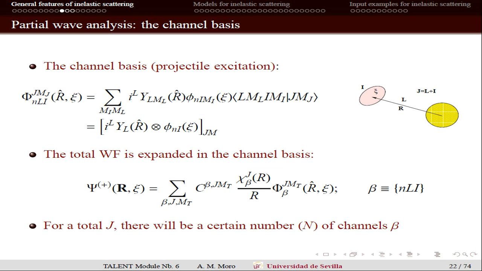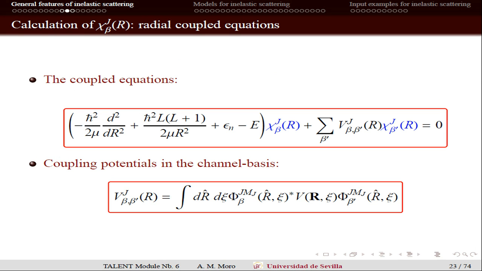So now we put this form into the Schrödinger equation to get the solution of this chi as this radial function. And again, here there are some steps that it is good that you do by yourself. You should verify this equation that is very similar to the equation that we had before, but now it's an equation only in one variable, that is the modulus of R. We don't have a vector equation as we had before.